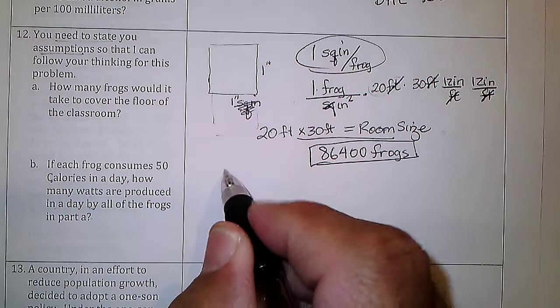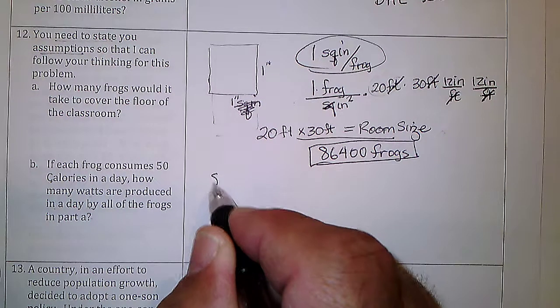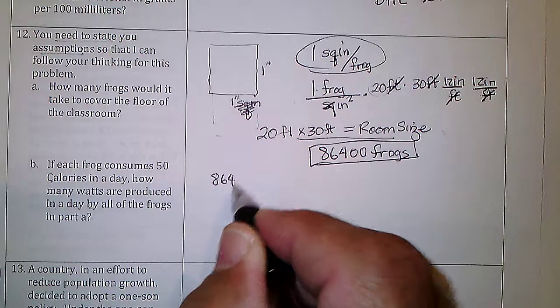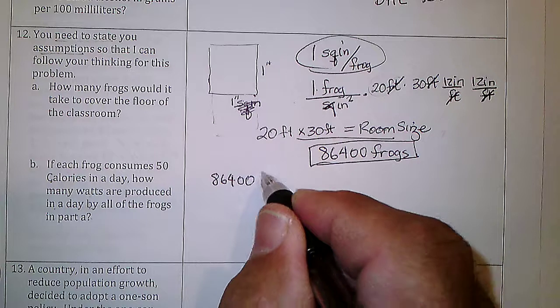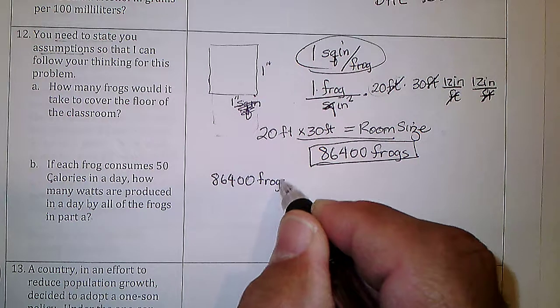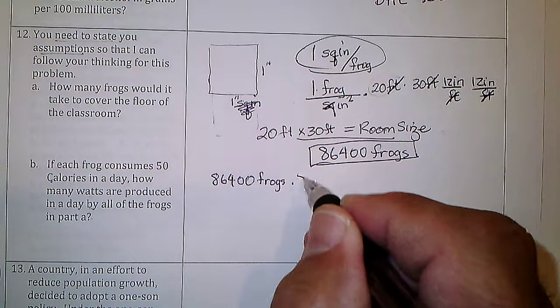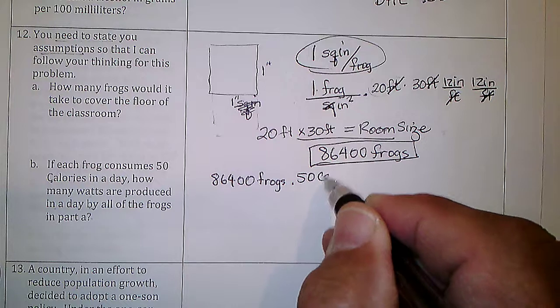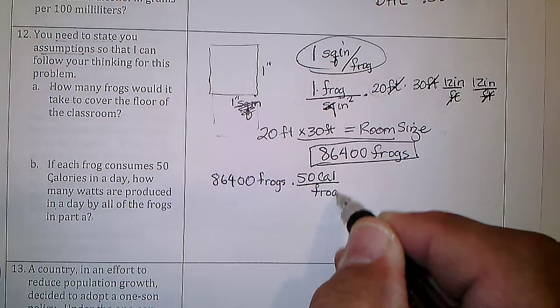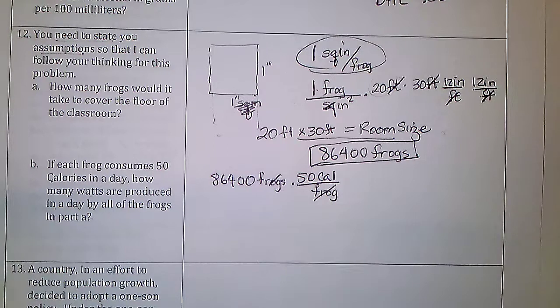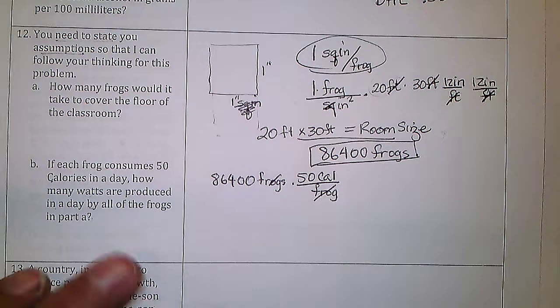So that's 86400 frogs times 50 calories per frog. So the frogs cancel. Now I have calories.